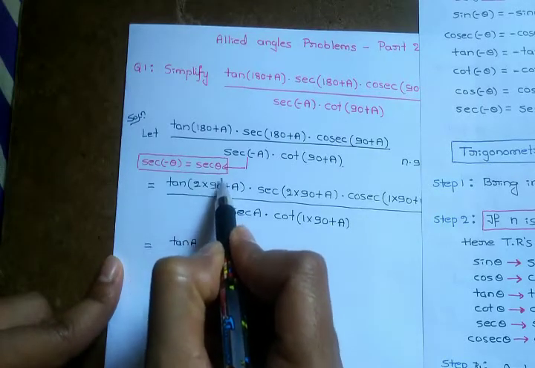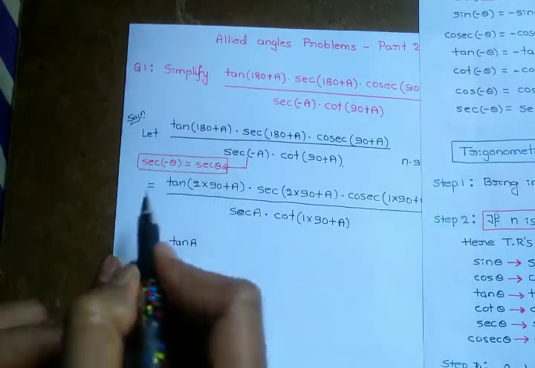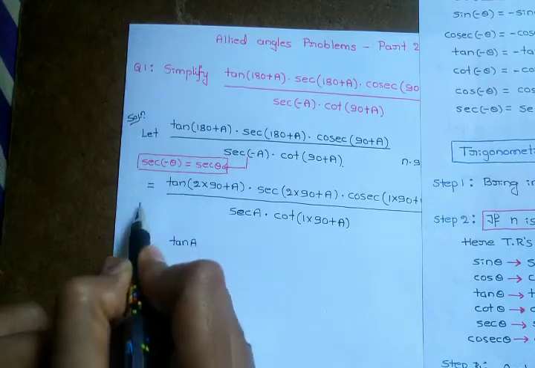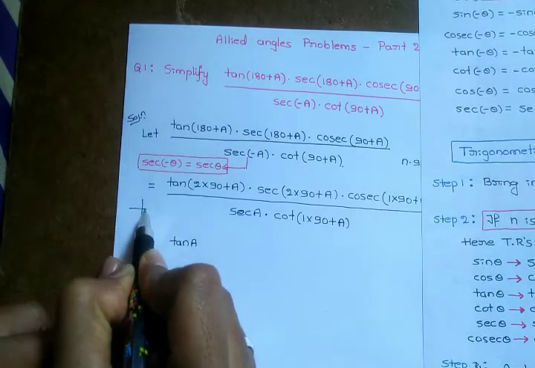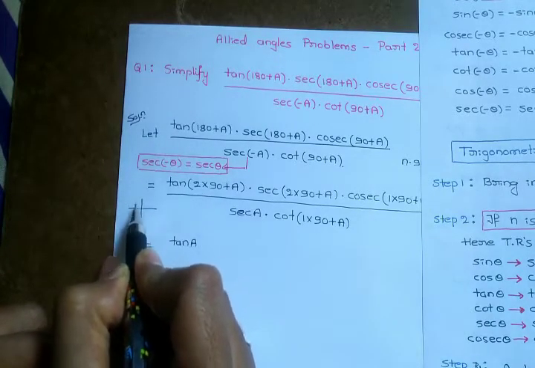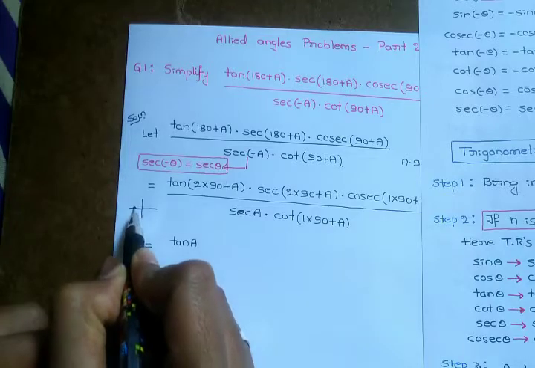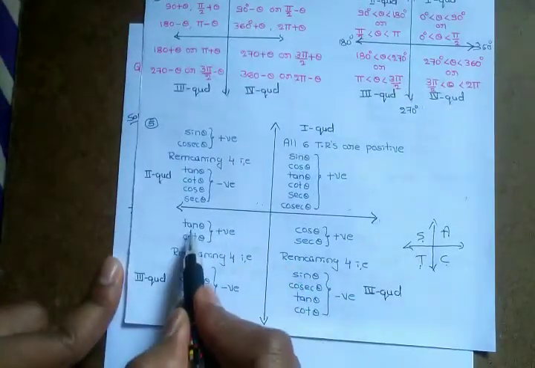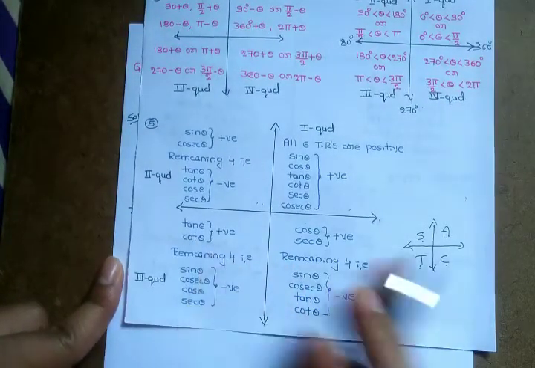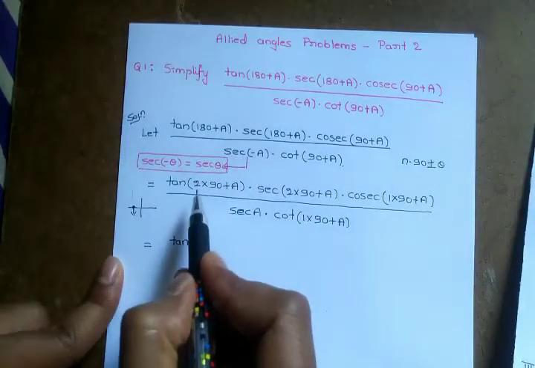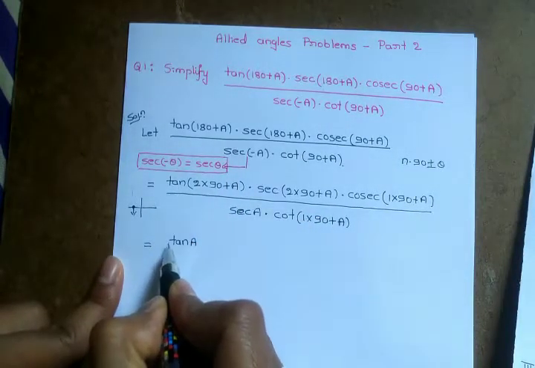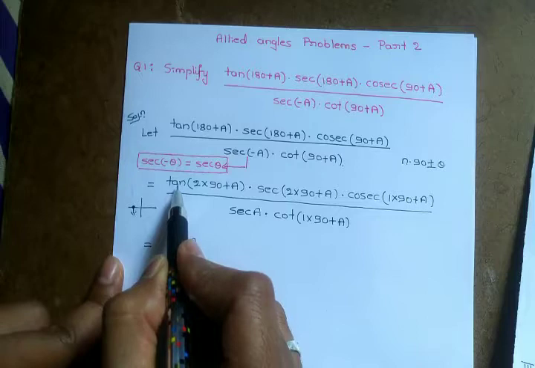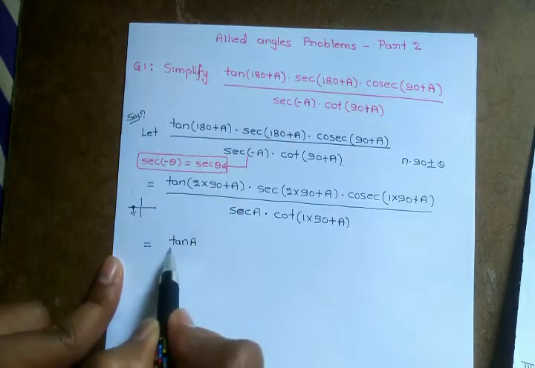Next, 2 plus means 2 times you need to rotate: 0, 1, 2, here it will come. Plus means third quadrant. In the third quadrant tan is plus sign. Therefore tan will remain plus.